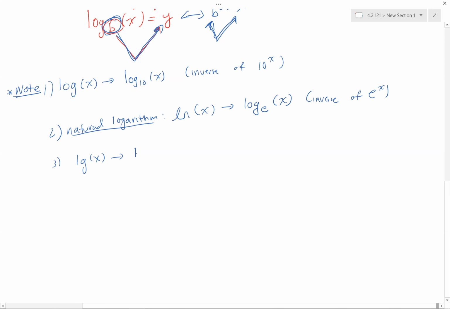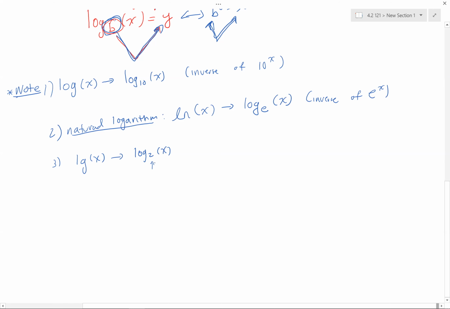This is log base 2 of x. The reason why 2 is important as a base is that our computers work on zeros and ones, right? So there's one second.